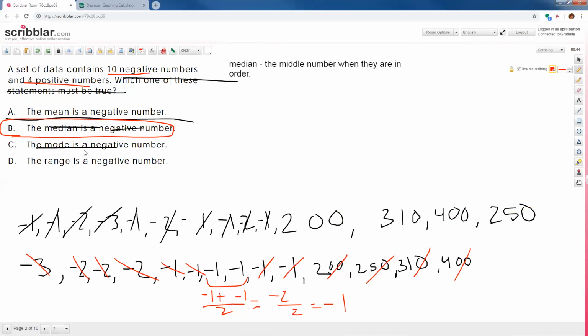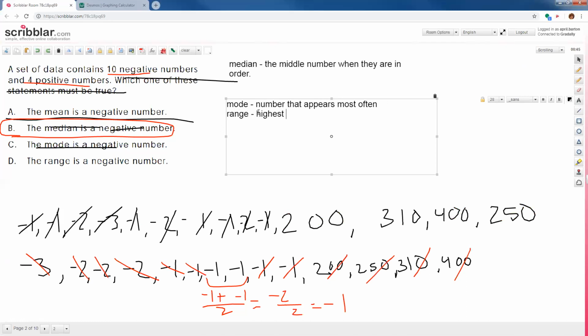Okay. Mode is a negative number. Mode means the number that appears most often, just to go through all the definitions. Range is the highest minus the lowest.